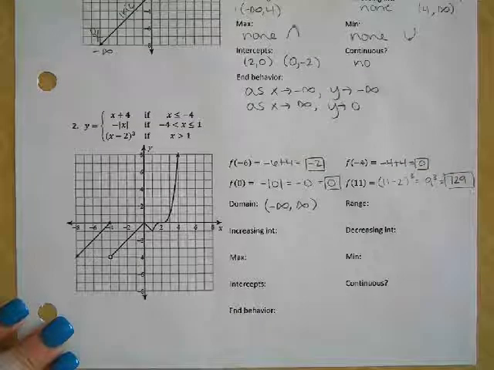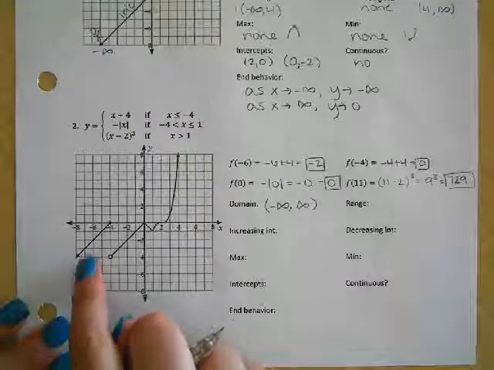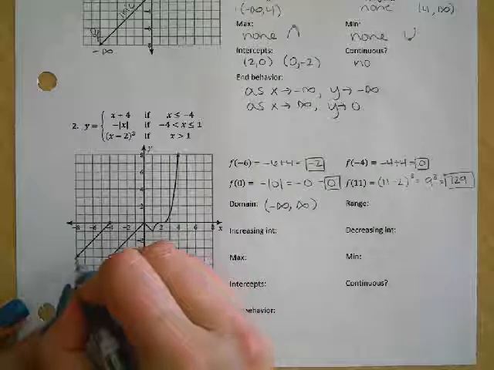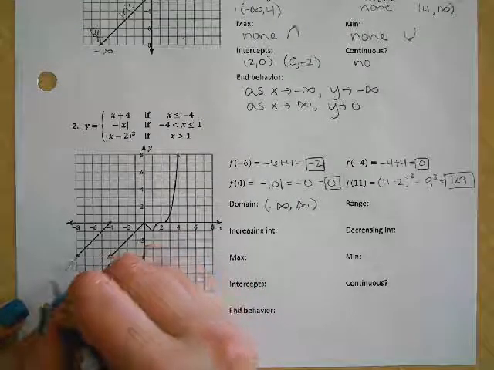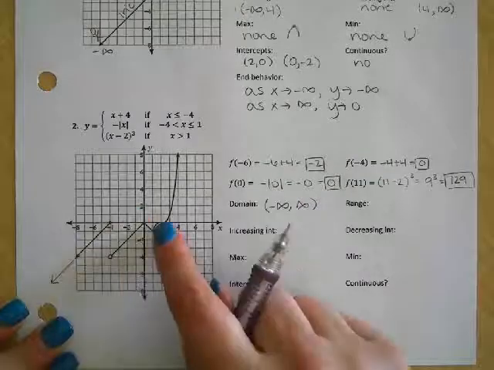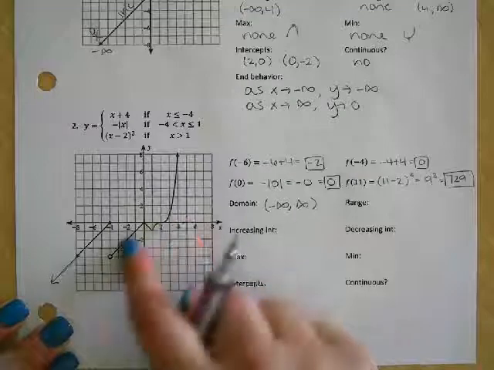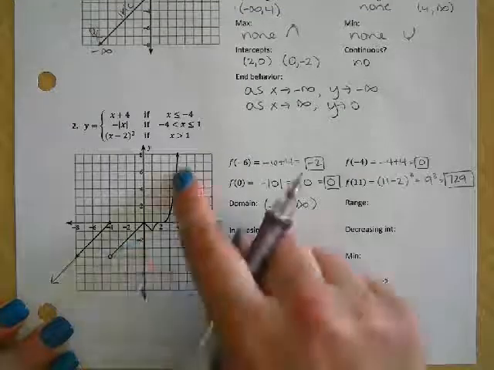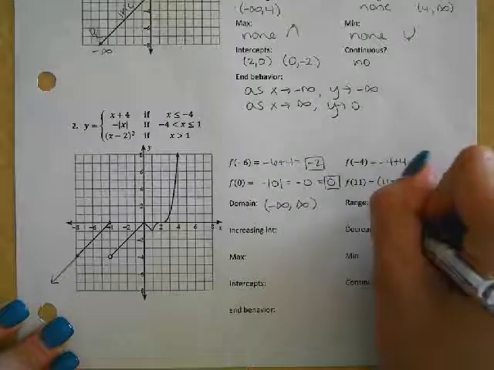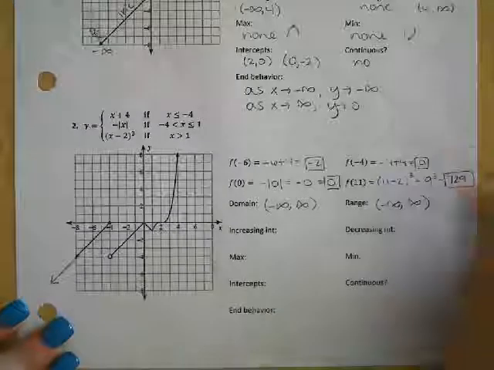For range, we're going to go from down to up. So this arrow points down, so it goes down forever. You can extend the line if you want to show that it keeps going. So it goes down forever. We got some weird stuff happening in the middle, but we use all these points. All these y values are being used, and then it goes up forever. And so that means the range is -infinity to infinity.